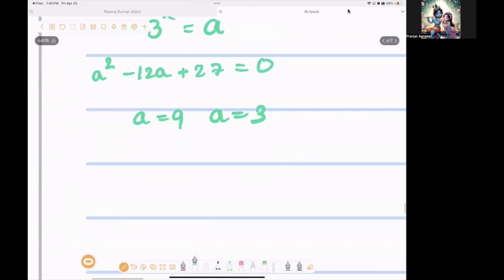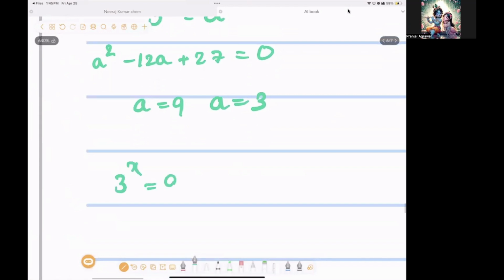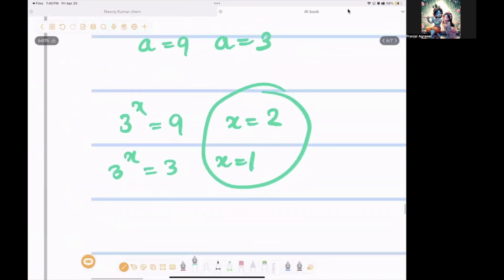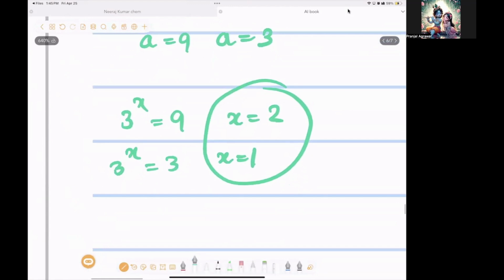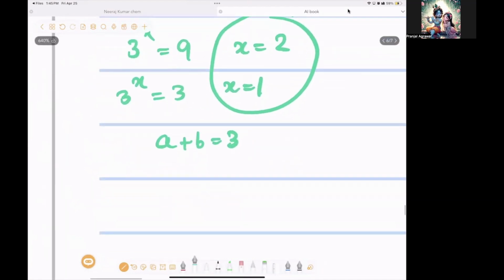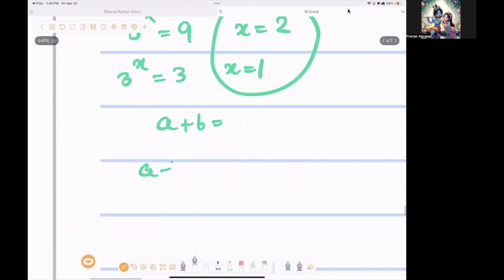So now our 3 to the power x is equal to 9, so x is equal to 2, or 3 to the power x is equal to 3, so x is equal to 1. So x is equal to 2 and x is equal to 1. Now they are asking you a plus b. So my sum of roots a plus b is what? 3. And then a minus b whole square.